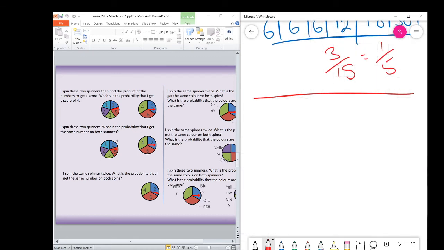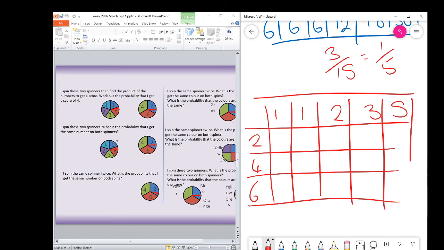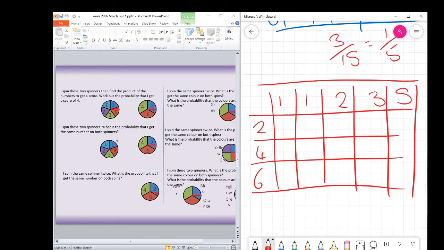So I am going to have to redo my thing. 1, 1, 2, 3, 5, 2, 4, 6. I do tend to write these in number order. I don't need to. I think the reason I do it is because when I'm doing any calculations, it just helps me spot patterns.